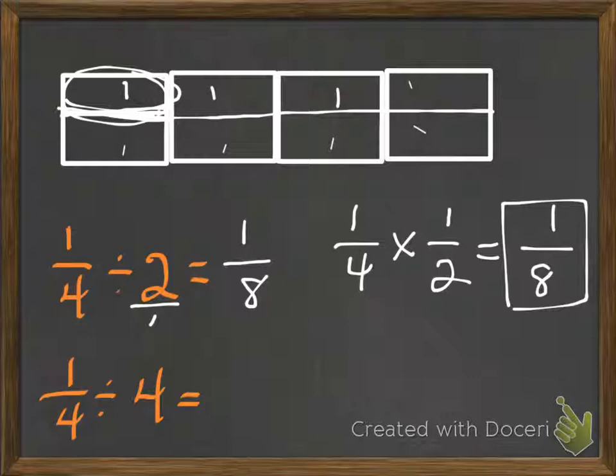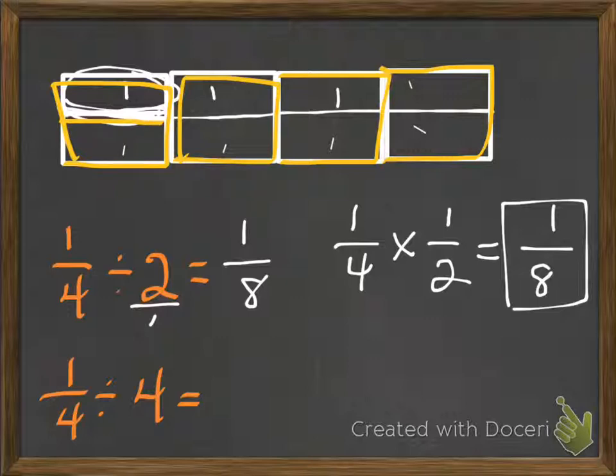1/4 divided by 4. So instead of dividing these fourths here, 1, 2, 3, 4, instead of just dividing by 2 people, I'm going to divide by 4 people. So 1, 2, 3, 4. So now I divide into 4 equal sections.